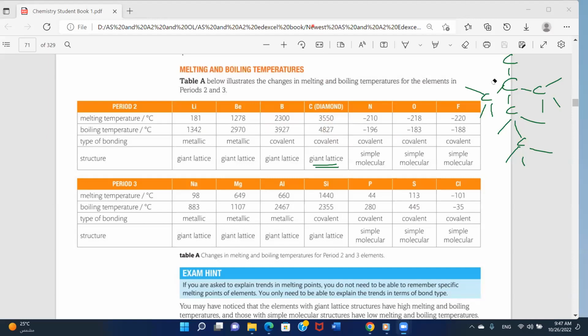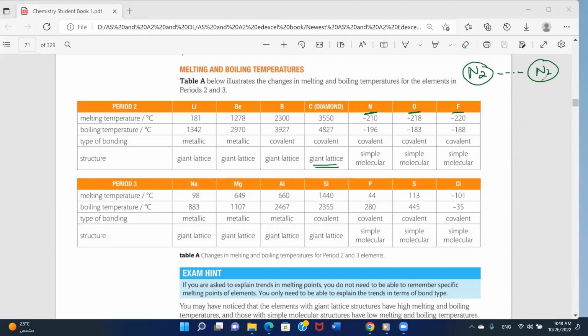But when we come to nitrogen, oxygen, and fluorine, these are simple covalent molecules. They are simple covalent molecules because we know that nitrogen consists of N2. It is N triple bond N, as we are going to study in covalent bonding. And when nitrogen is bonded to another nitrogen, it is bonded by weak forces. Of course, we are going to study about these weak forces in Unit 2, but here we're just going to say that between nitrogen and another nitrogen, there are weak forces of attraction.